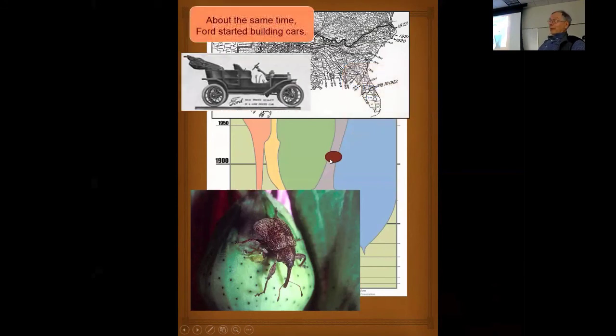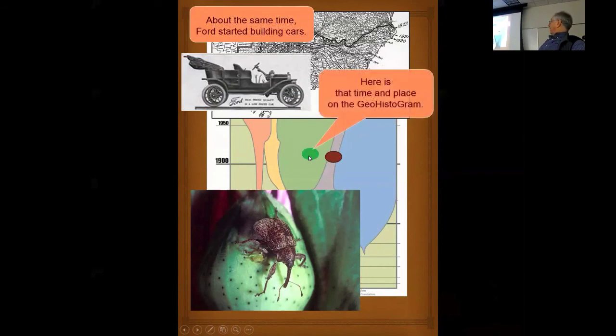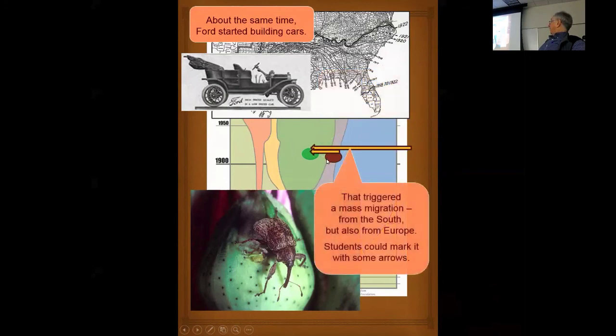Now, you guys probably know what that is, because that was happening right there in the Midwest at the time. So what we had was a huge migration from Mississippi to Alabama, triggered by the boll weevil pushing and the auto industry pulling.